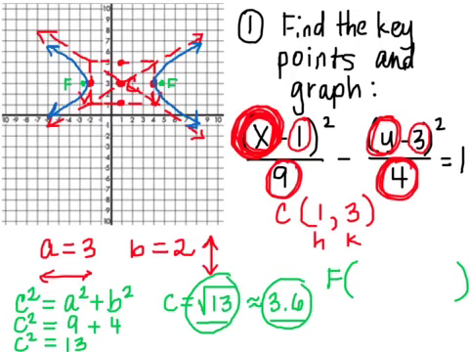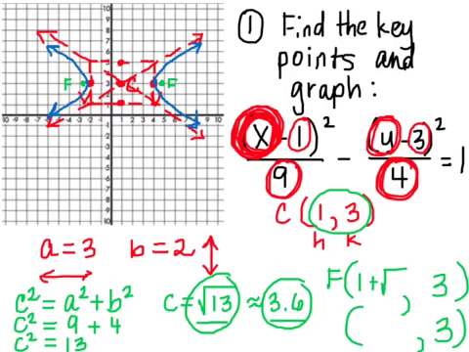And so the center, you can see, is 1, 3. The 3 up will not change, so both of these will have 3 in the y spot, because it's 3 up on both foci. But the sideways you'll write as a combination of the center, which is 1, plus the square root of 13, because that's where it would be located.